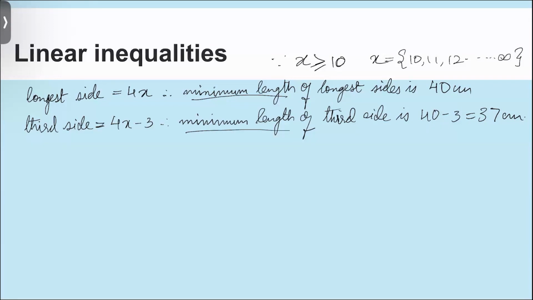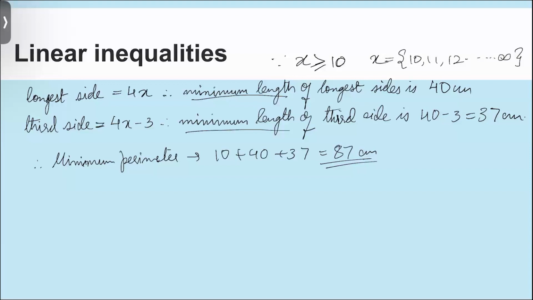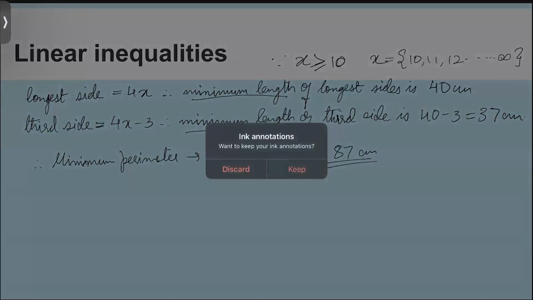So this is how you can find it. And obviously, if you add up all the minimum lengths of the sides of the triangle, it's 10 plus 40 plus 37, which eventually gives you 87 centimeters. So it's very easy to solve linear inequalities from word statements itself. Okay, so we'll do one more example.